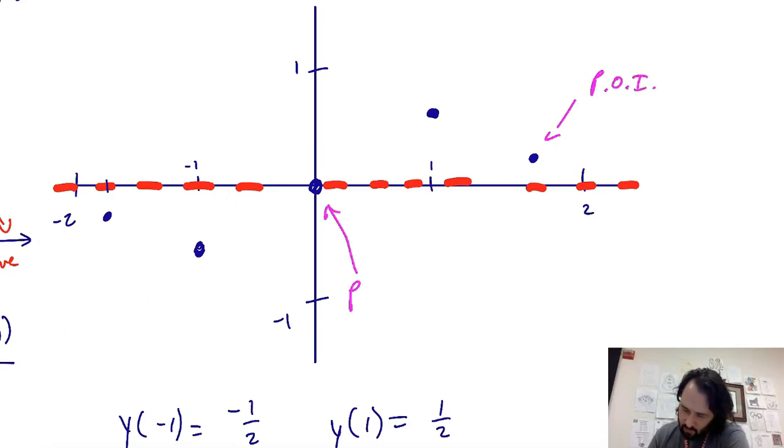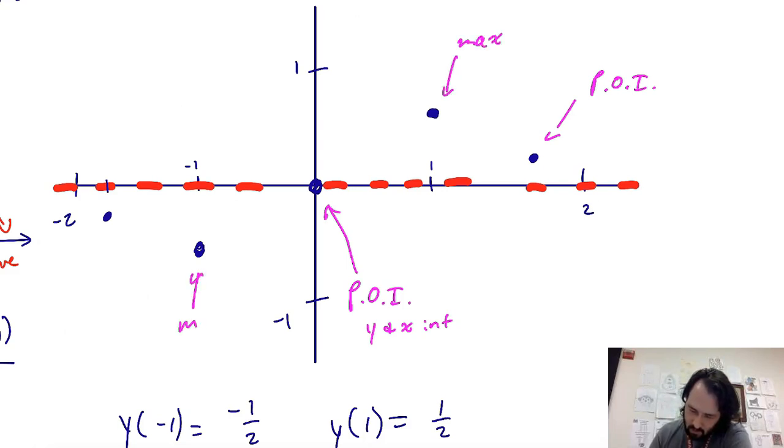This is a point of inflection, y-intercept and x-intercept, and 0, which is an x-intercept. Here is a max. Here is a min. Here's a point of inflection.